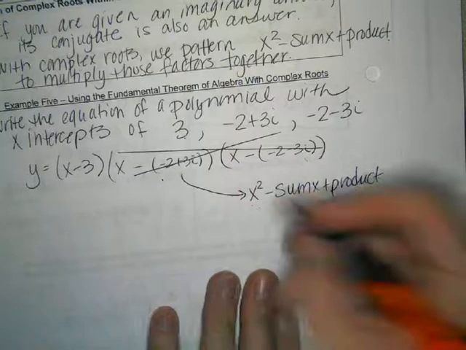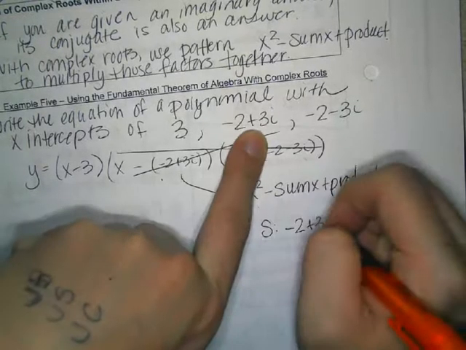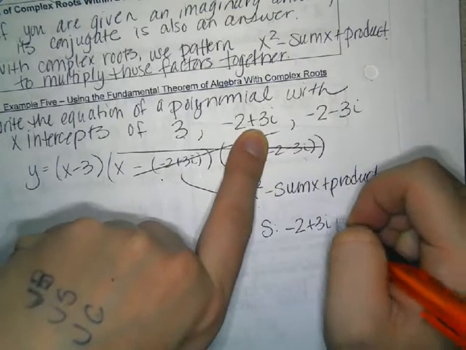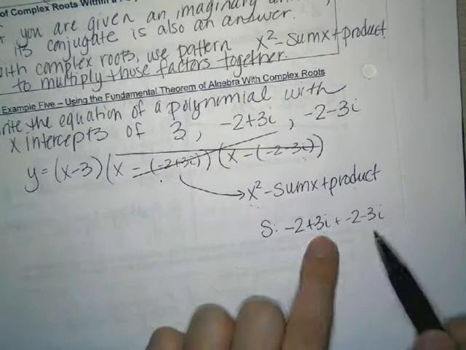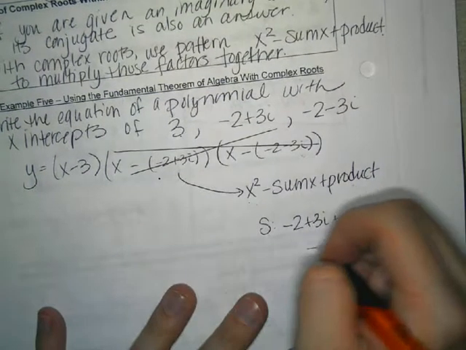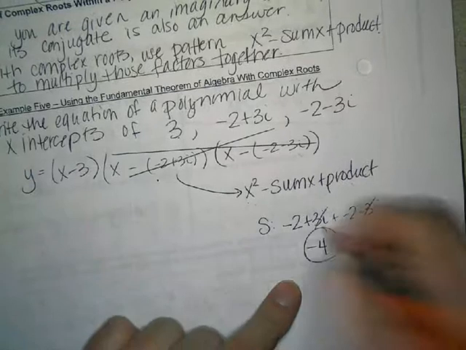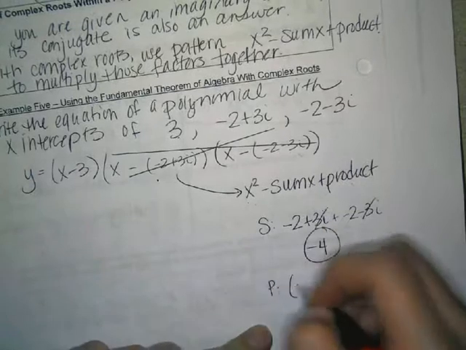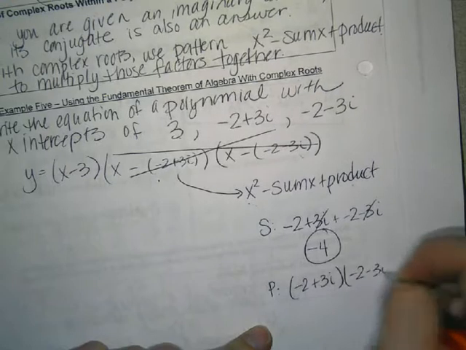So I do the sum kind of off to the side, where we add these numbers together. So negative 2 plus 3i, and then we add negative 2 minus 3i. What happens is that the i's cancel out, and you're left with just negative 4. Negative 2 minus 2. Circle that. Product is what you get when you multiply these together. Okay?